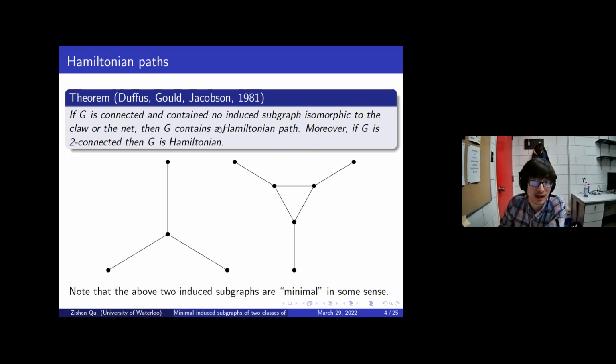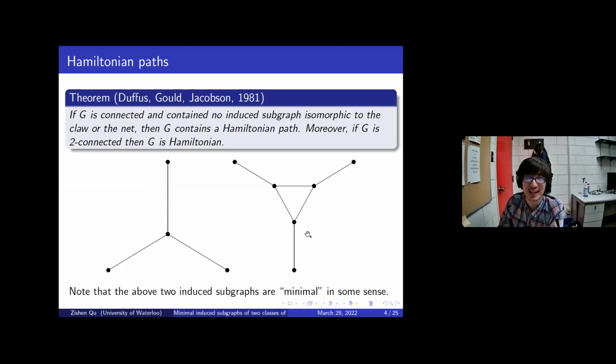I think they were more interested in the traceable case, the Hamiltonian path, and I'll look at the result more from that sense. So these two induced subgraphs for the Hamiltonian path case are minimal in this sense: if you look at either of these graphs, for example the claw, and you look at any connected induced subgraph, it's Hamiltonian. That sounds like a ridiculous statement, because the only thing you can do is delete a vertex that's isolated, or of degree 1, or delete all 3 vertices, and of course it's Hamiltonian because you're deleting almost the entire graph.